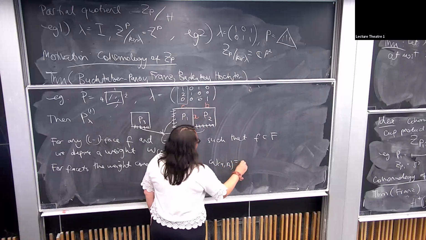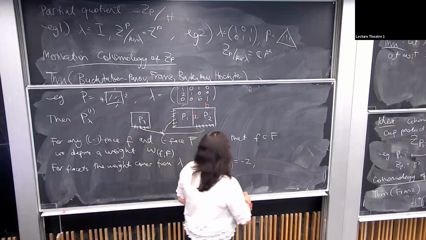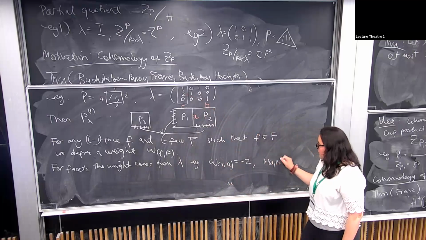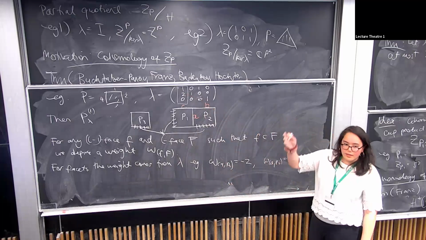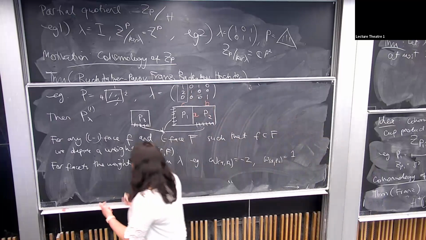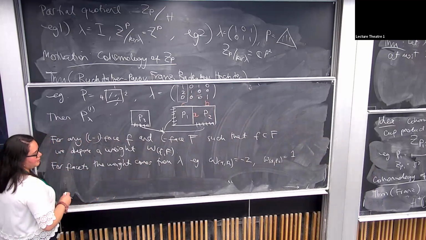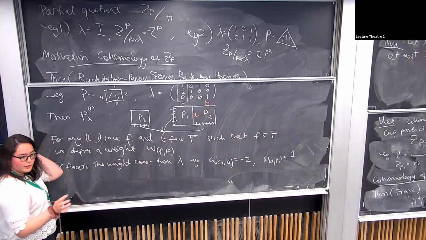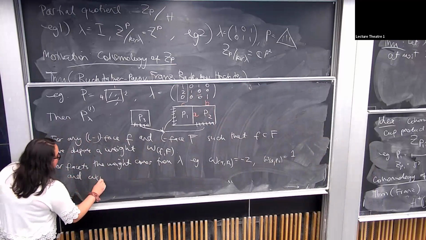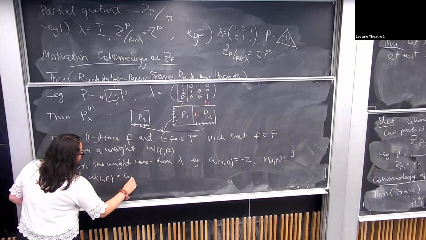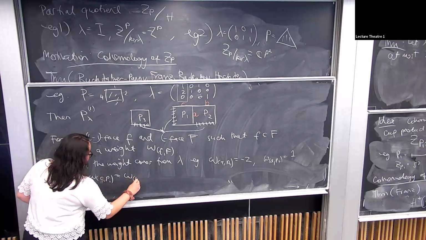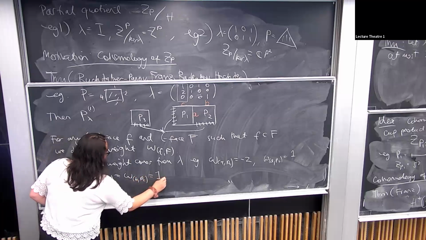So this will end up being a -2, representing this 2 here. And then the weight on A, P2 should be a 1 coming from the 1 in the first column. For anything that doesn't get affected by lambda, we should have just the standard weight of 1. So let's say for B, P1, and also, sorry, I meant C, P1 and B, P2. These should just have the normal weight 1.